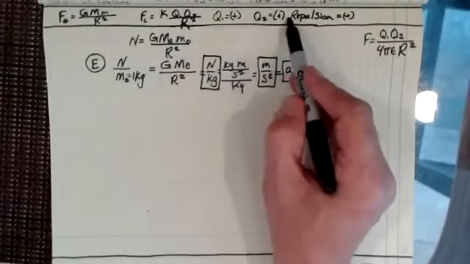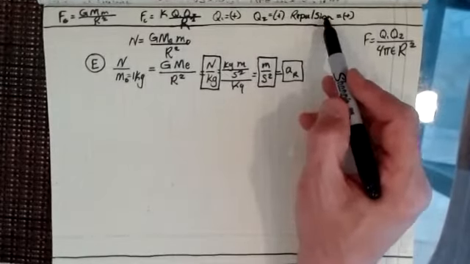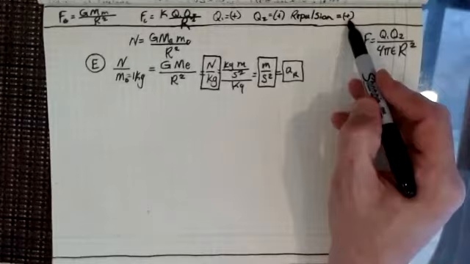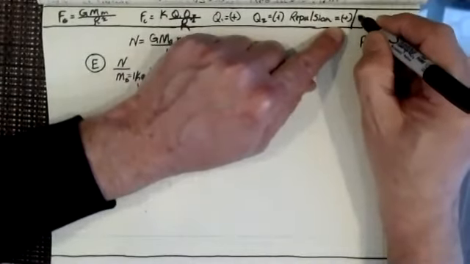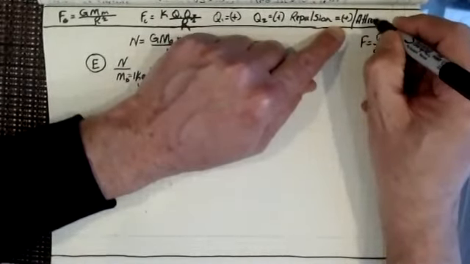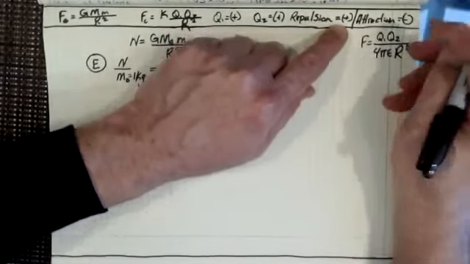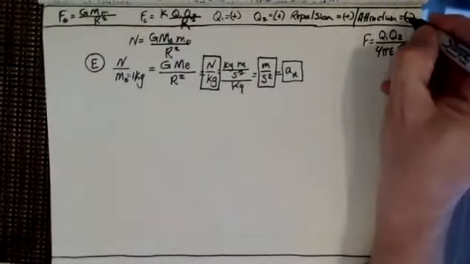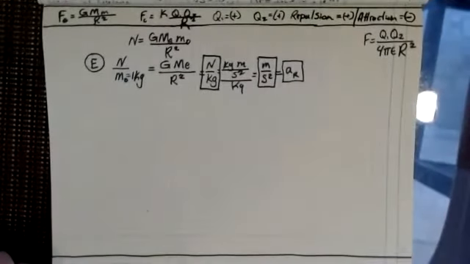If Q1 and Q2 are negative charges, I get a repulsion, right? Because repulsion would be positive for Coulomb's law. And of course, attraction equals negative, right? Just so that we get that.